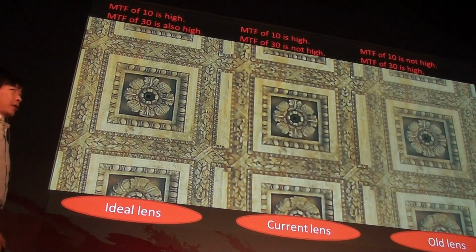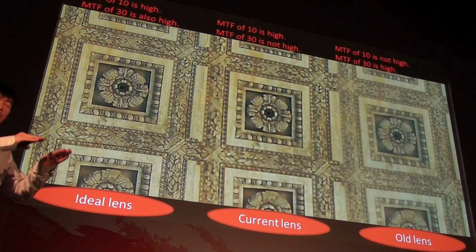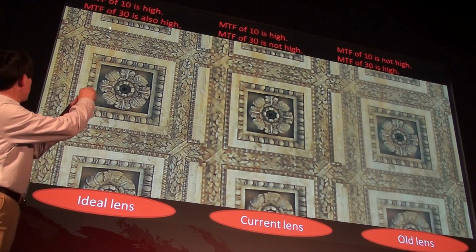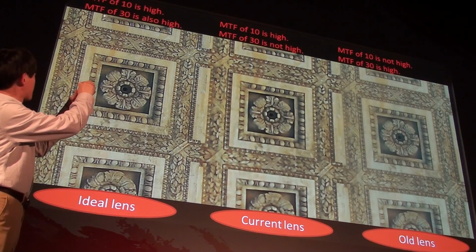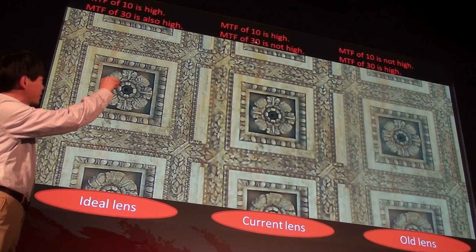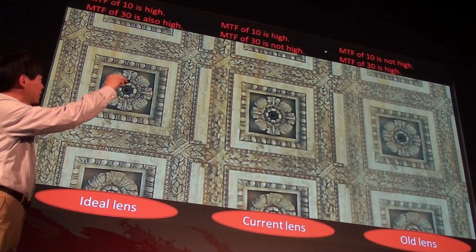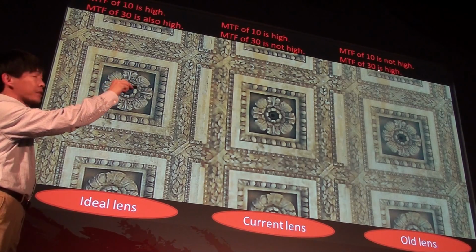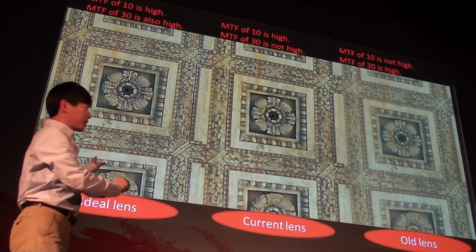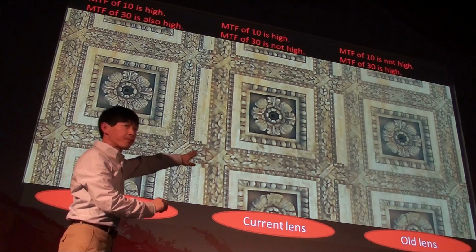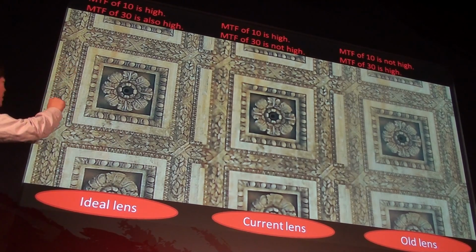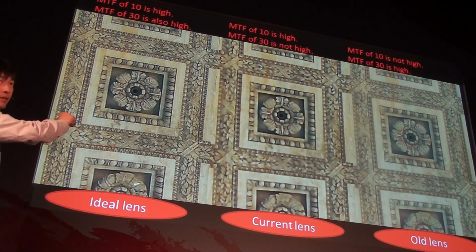By the way, there are a lot of lenses now, and sometimes MTF of 10 is high and MTF of 30 is also high. 10 is high, but 30 is not high. 10 is not high, but 30 is high. Can you see the difference among the three images? The left image shows the ideal lens.